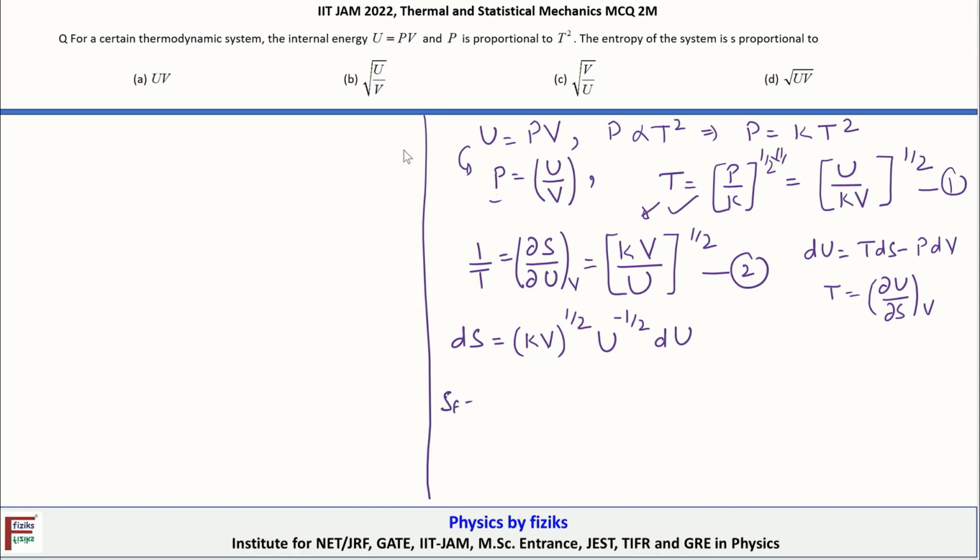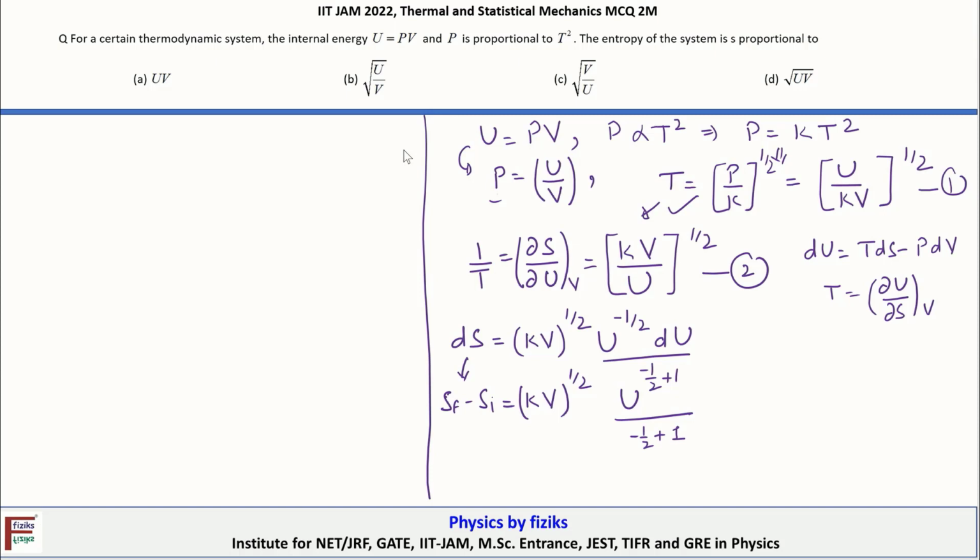When you integrate this equation, we obtain delta S, which you can write as S final minus S initial. Because it's with respect to U, this can be written as K V power 1 by 2, and then its integral will be U power minus 1 by 2 plus 1, divided by minus 1 by 2 plus 1.